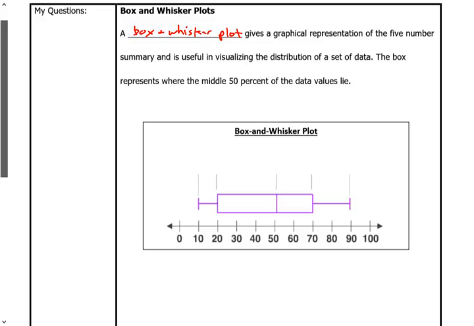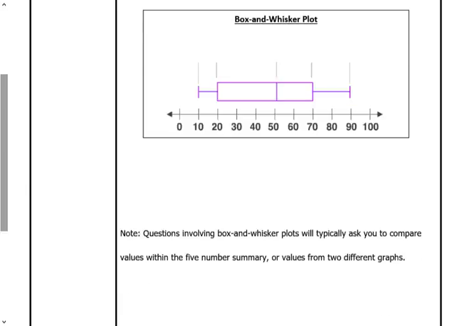So it's a graphical representation of this same summary. And it's actually much easier to read when we have the graph, because the key is the box is representing where that middle half is. Now, our summary visually puts that. So this here is my low value. This is my high.